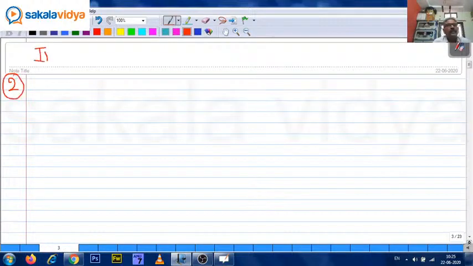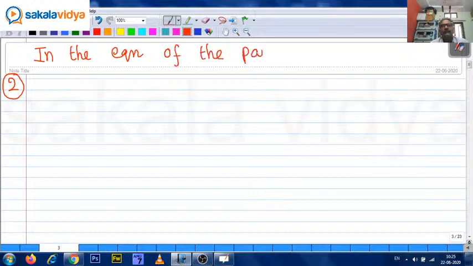In the equation of the parabola, y minus beta whole square equals to 4a times x minus alpha.